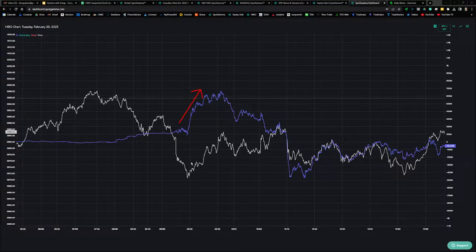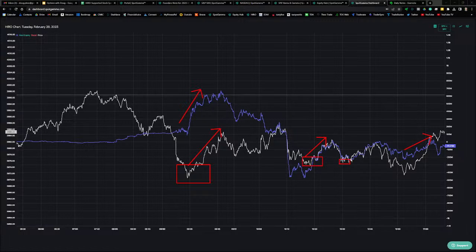Hero rising, confirming the first long setup, and Hero rising again, confirming the second long setup, then Hero rising again. So here were the first long entry, second.